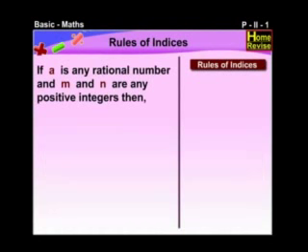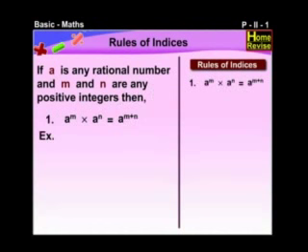Rules of indices. If A is any rational number and M and N are any positive integers, then the first rule of indices: A raised to M into A raised to N is equal to A raised to M plus N. That is the sum of the indices M and N. Take one example. 5 raised to 4 into 5 raised to 3 is equal to 5 raised to 4 plus 3, that is addition of index 4 and 3, which is equal to 5 raised to 7.